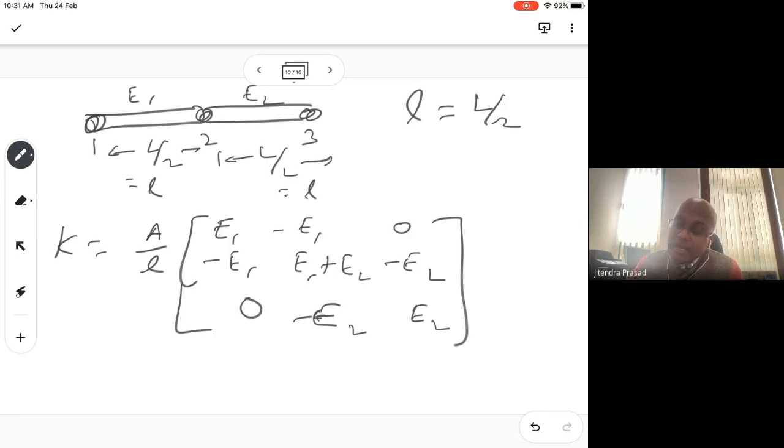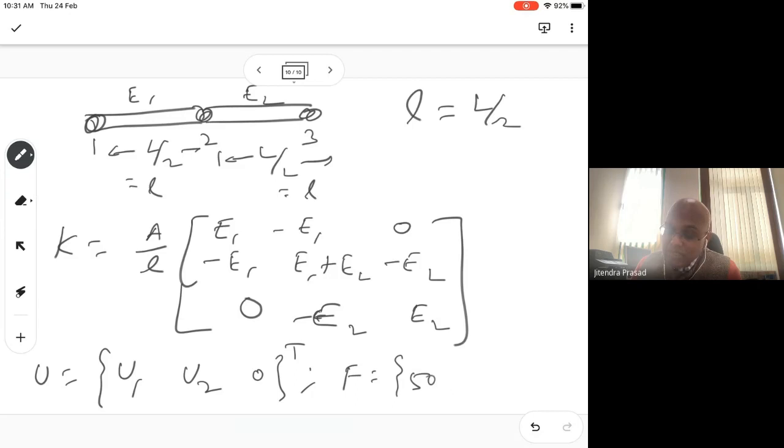And then the U vector becomes what? We don't know the first one, U1, we don't know the second one, U2, and we have the 0, transpose of that. Force, we have the 50, first one, second one is 0, third one we don't know, so we have R3 like this.